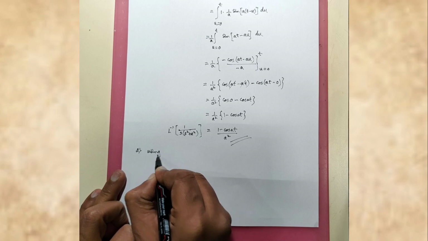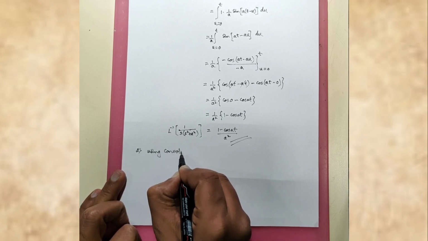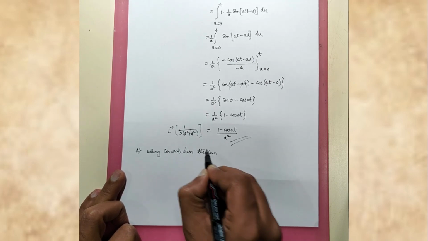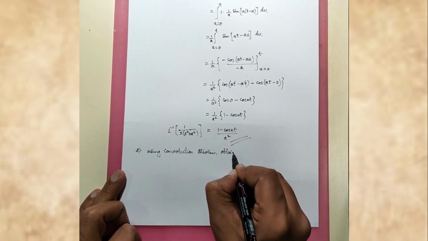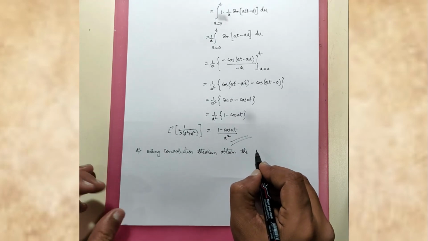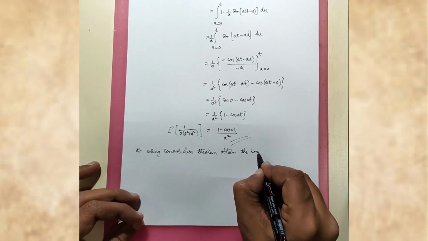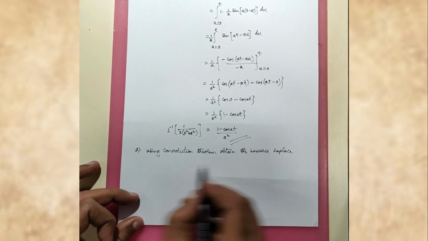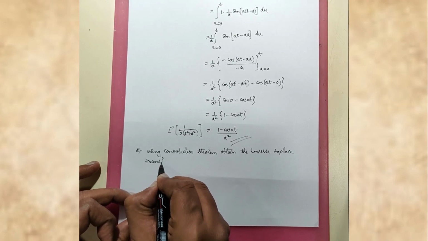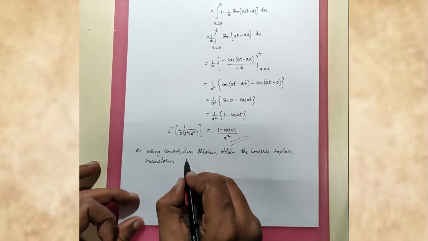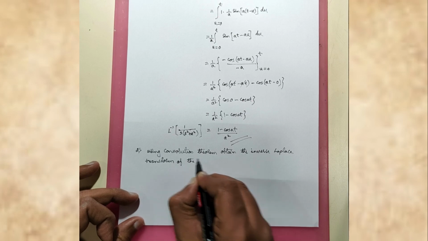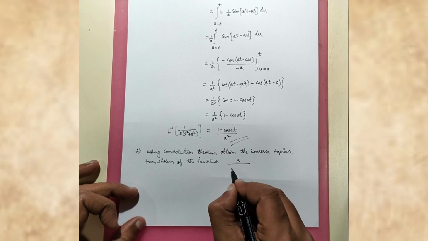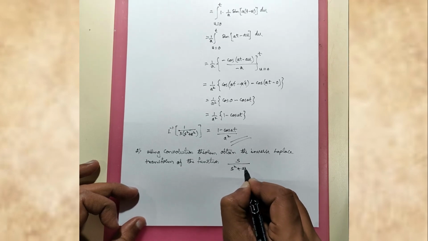Using the convolution theorem, obtain the inverse Laplace transform of the function s by (s square plus a square) whole square.